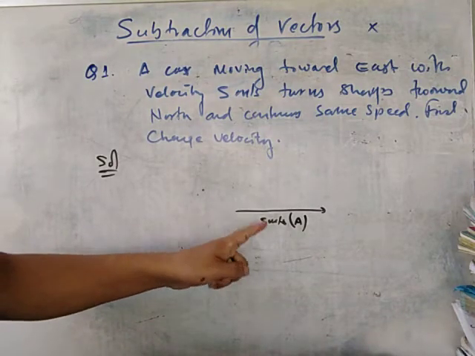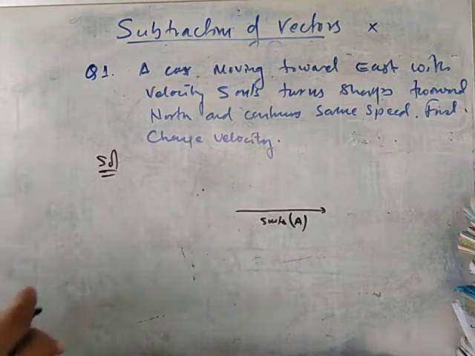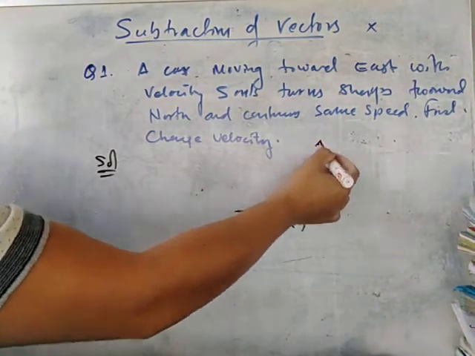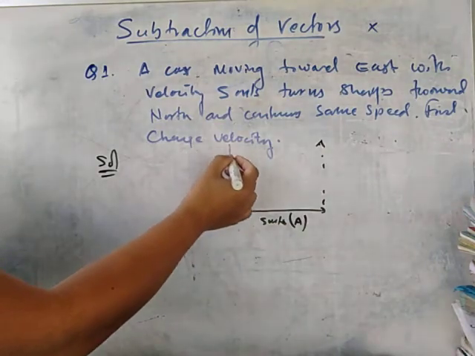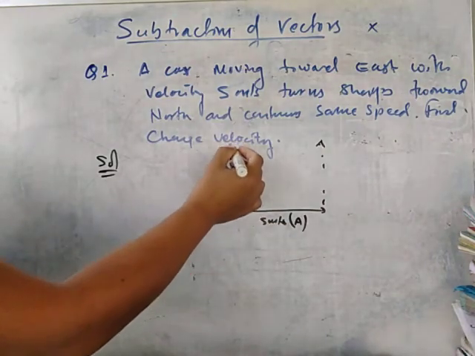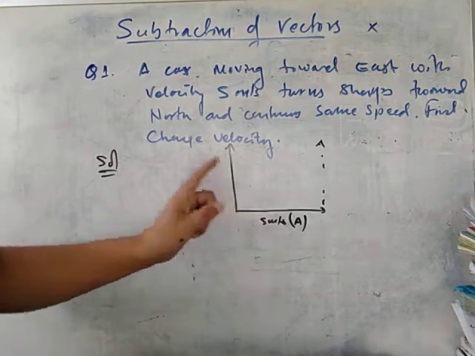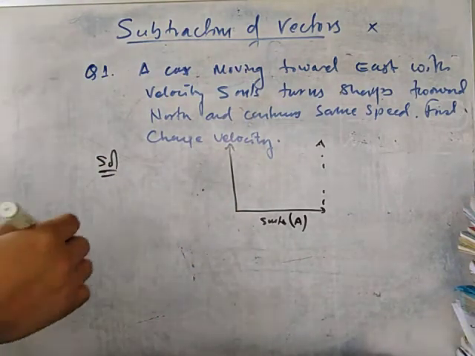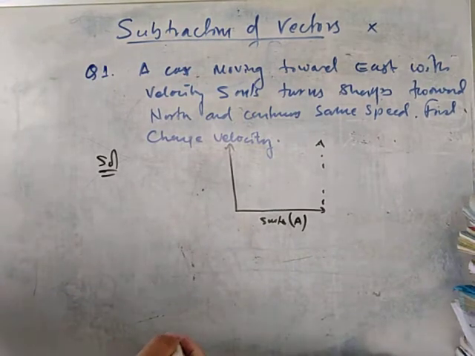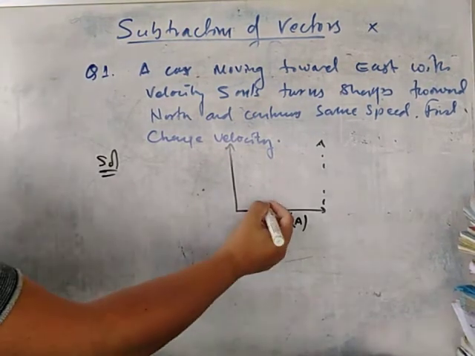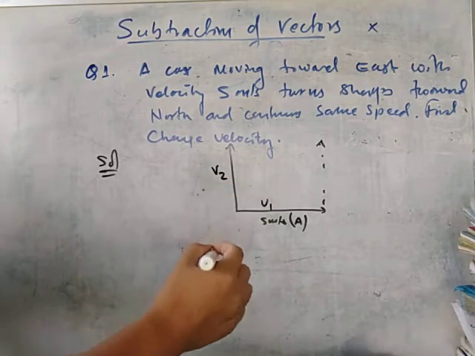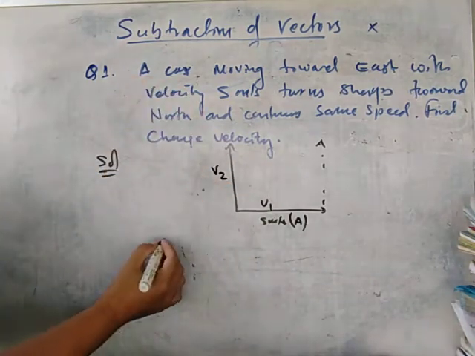Remember the parallelogram, tail to tail. The car turns sharply towards north, and we have to find the change in velocity. If I take this as v1, then this as v2.